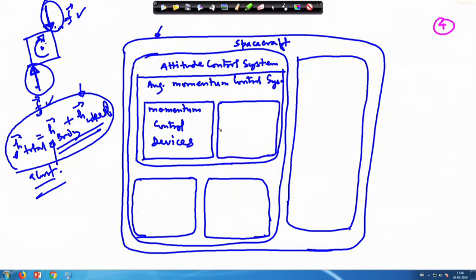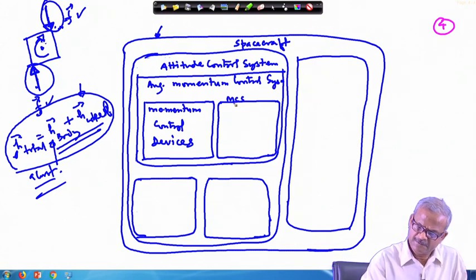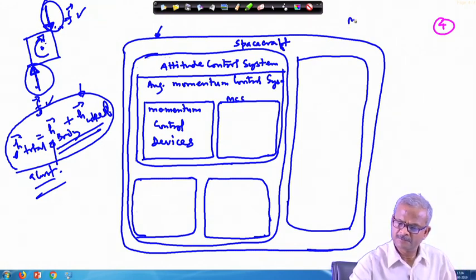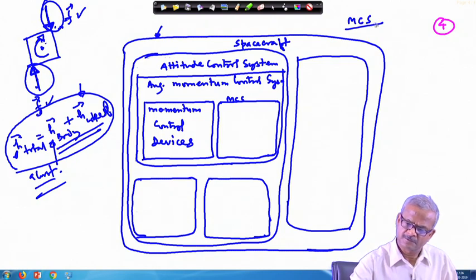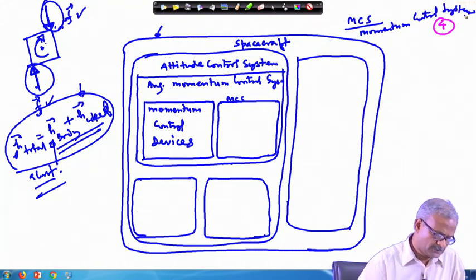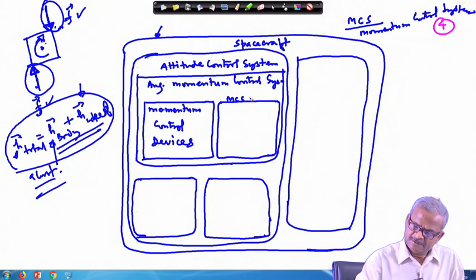And to support this device, we can have the corresponding MCS. MCS is your momentum control system. So, MCS, this is a subsystem, meaning what other things are required to drive this.